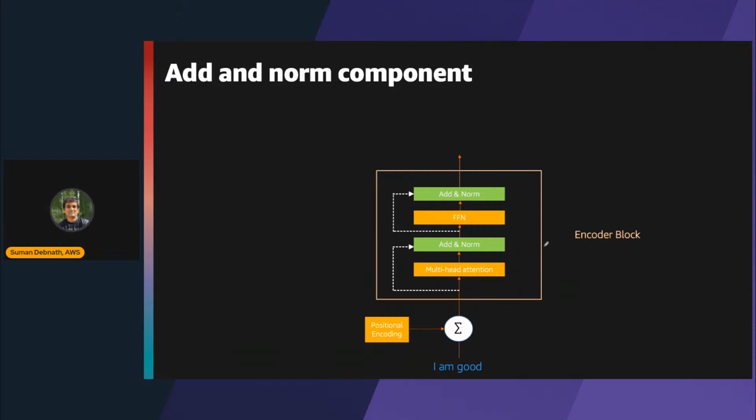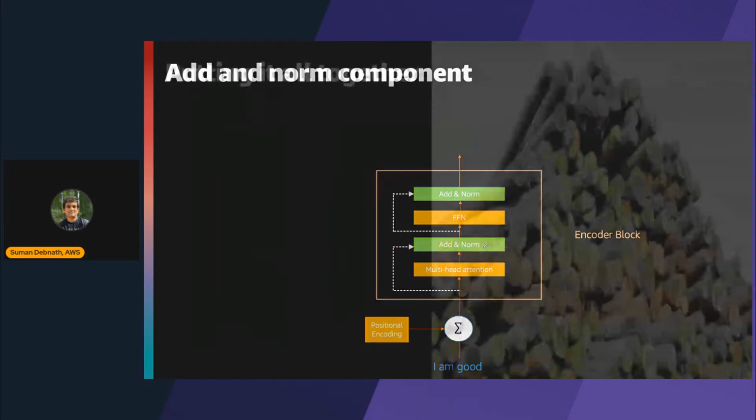If you look at this add and norm, it has two inputs. One input is the output of the multi-head attention, and the other input is the input of that multi-head attention. So basically, add and norm takes two inputs: the previous layer's output and the previous layer's input. That is what this add and norm layer does.